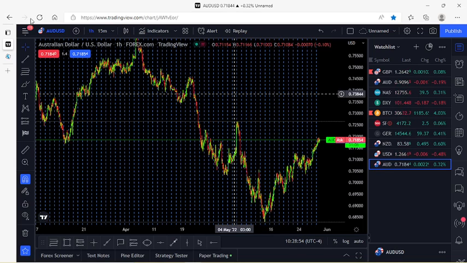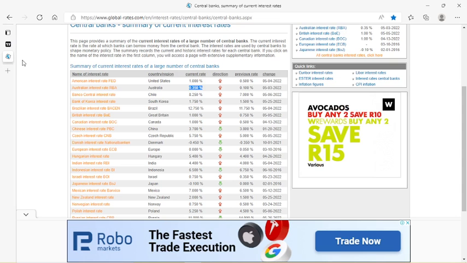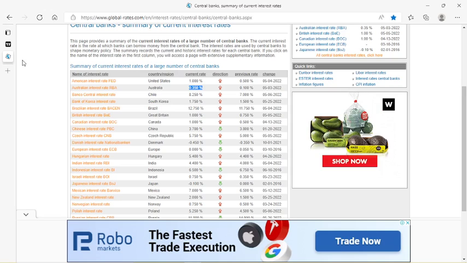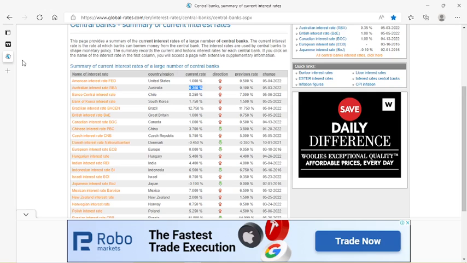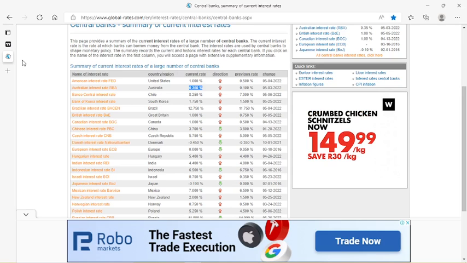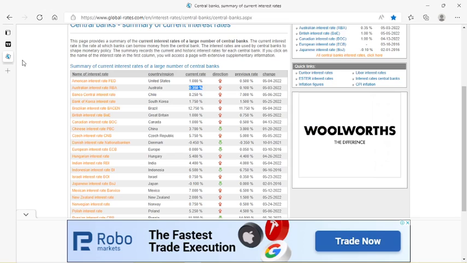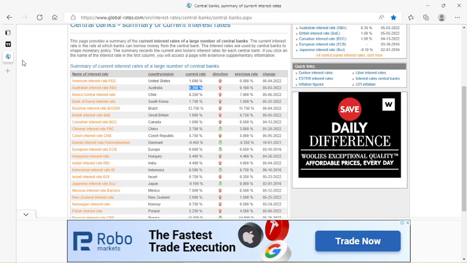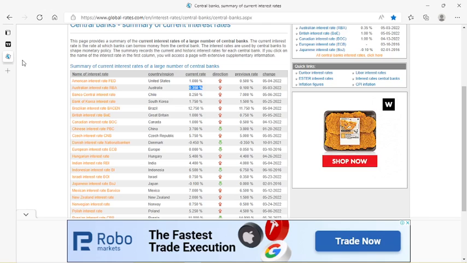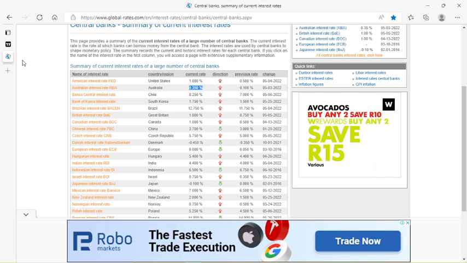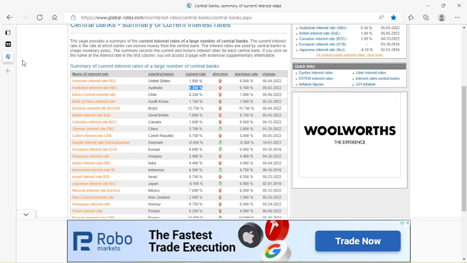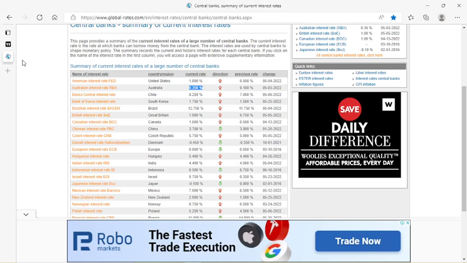So what I'm going to show you guys today is basic fundamental analysis, or rather the first step to fundamental analysis that I focus on. We're going to look at whether there's a difference between two different countries' interest rates, or rather central banks' interest rates.